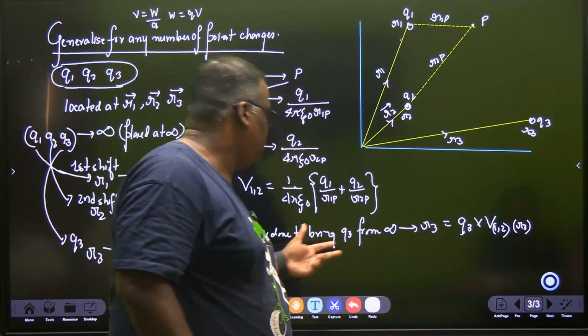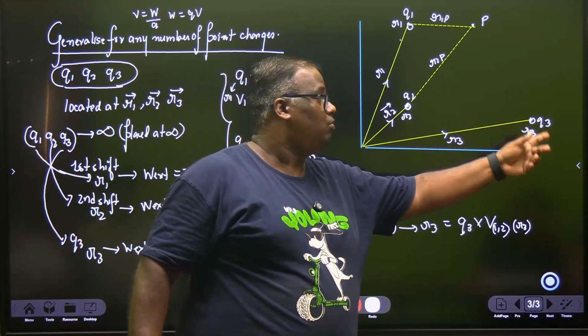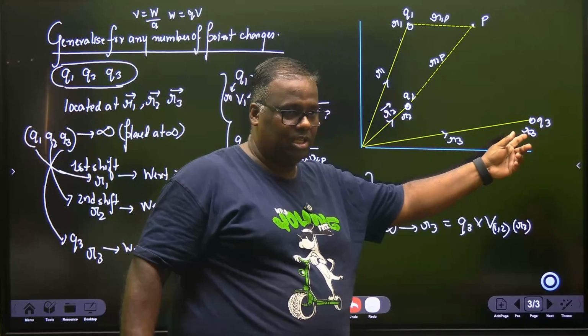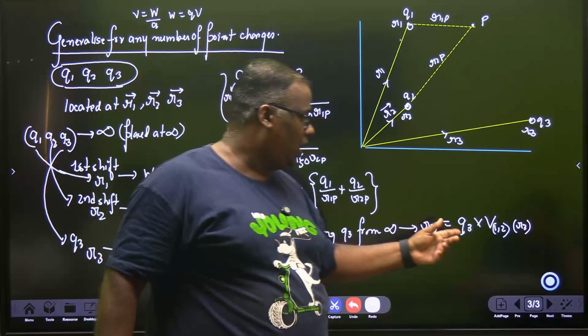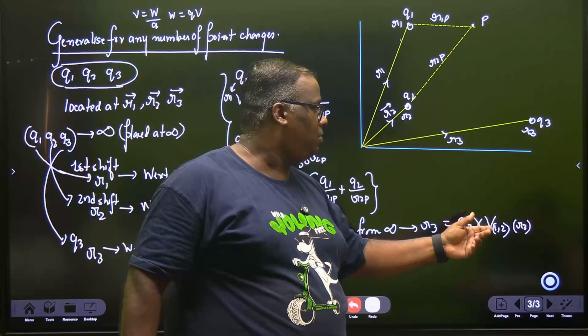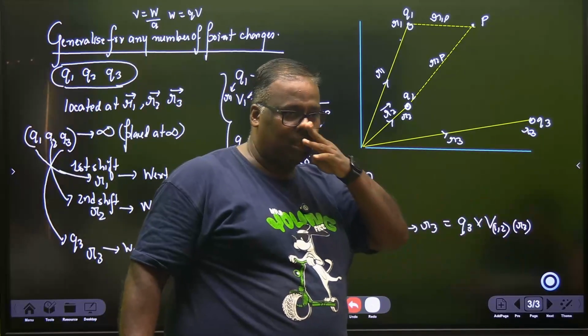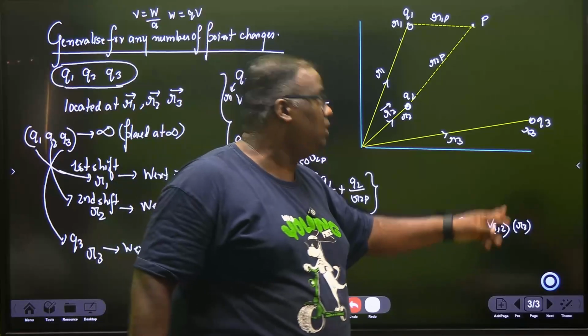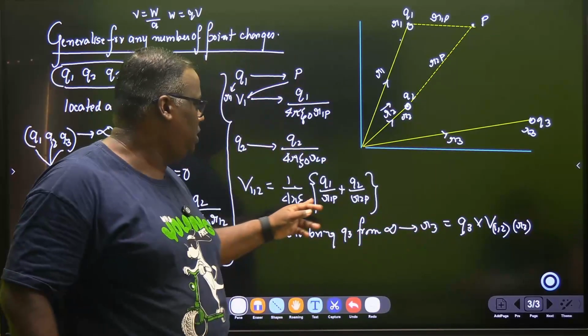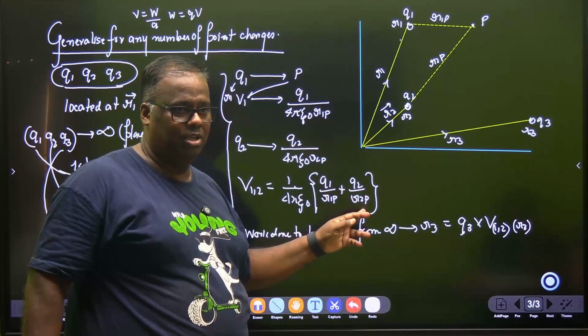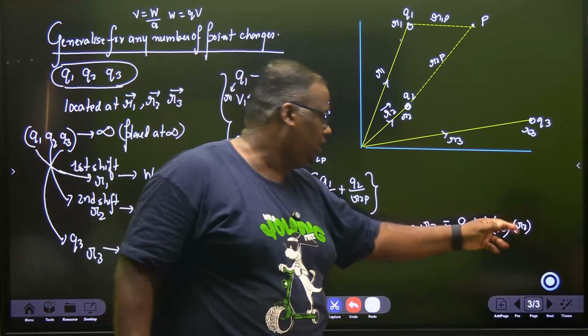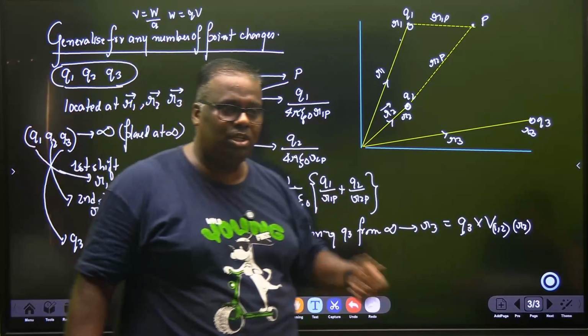The work done in bringing Q3 from infinity to R3 is equal to the charge Q3 multiplied by the potential V1 and V2 created at R3. Now, what is the potential V1 and V2 at a point P? At a point P, it is R1P plus R2P. So, at a point R3, it should be R13 plus R23.